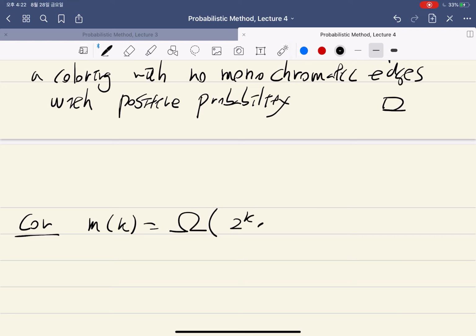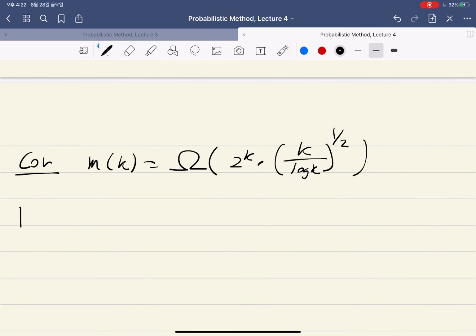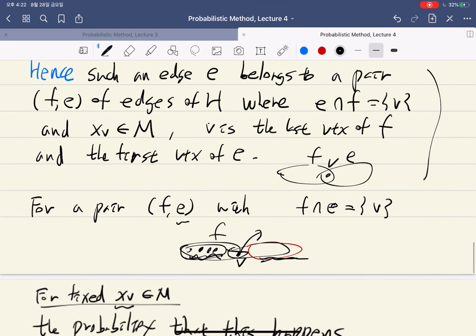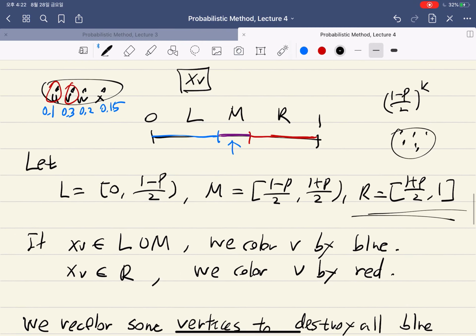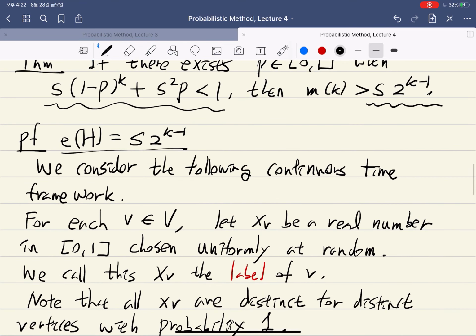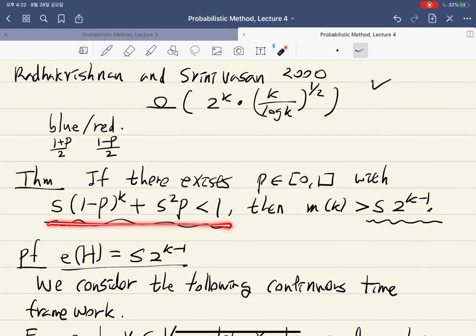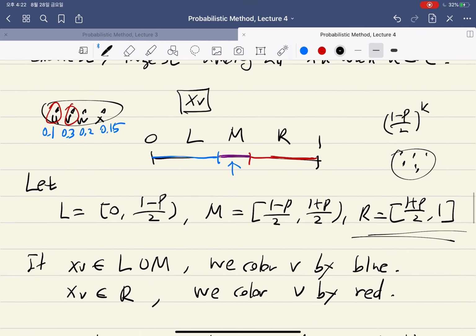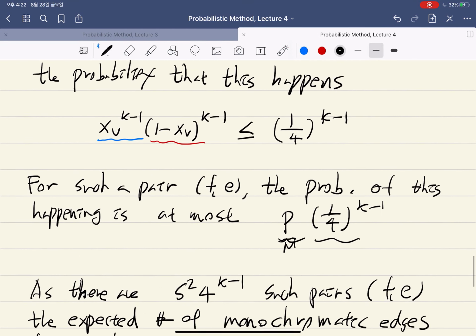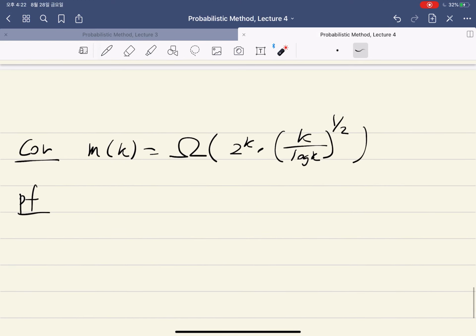So 2 to the k times k over log k to the half. All we have to check is that with the appropriate choice of s and P, we can actually ensure this happens with this number being our target number. Our target number, this. So this will be our s.